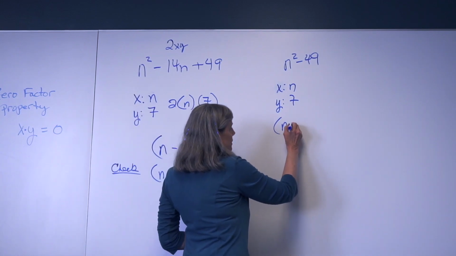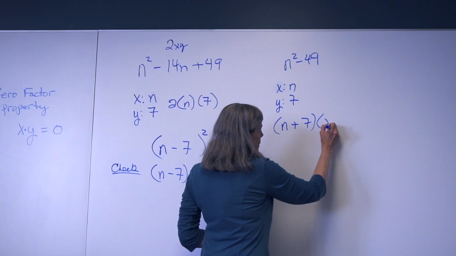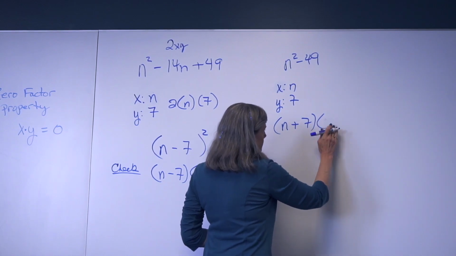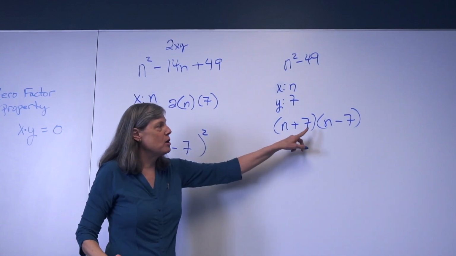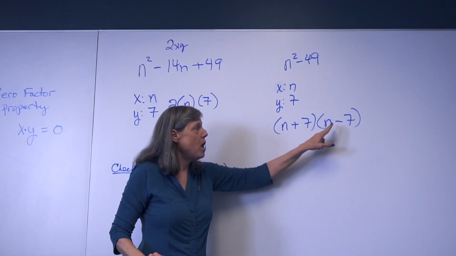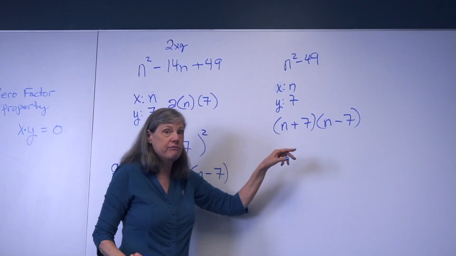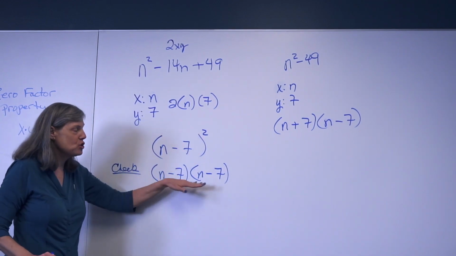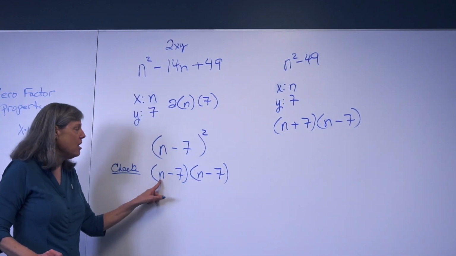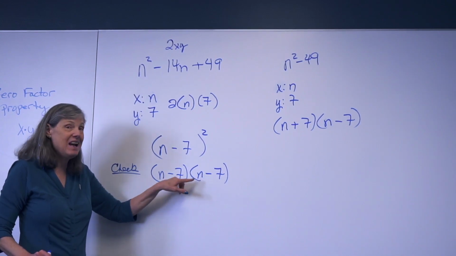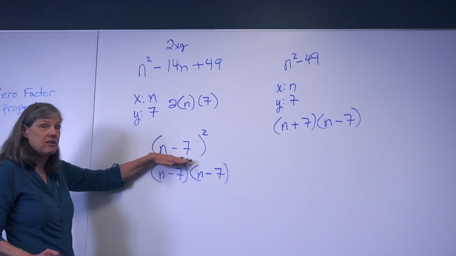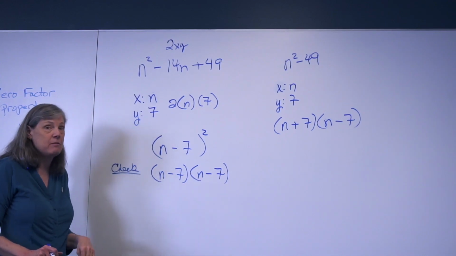Unlike a difference of squares, where our x's are the same and our y's are the same but our signs are different, in a perfect square trinomial, our x's are the same, our y's are the same, and our signs are the same. That's why we write it like this, because we've got two of the exact same thing.